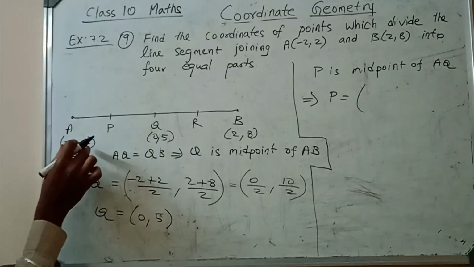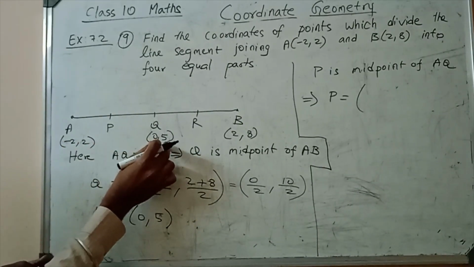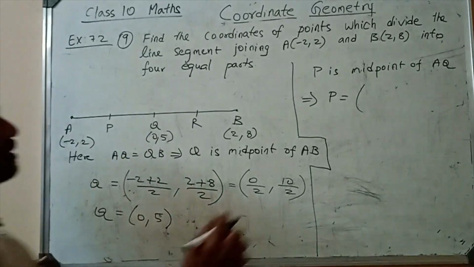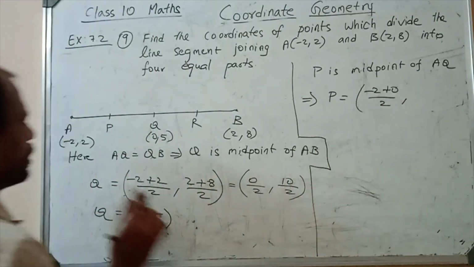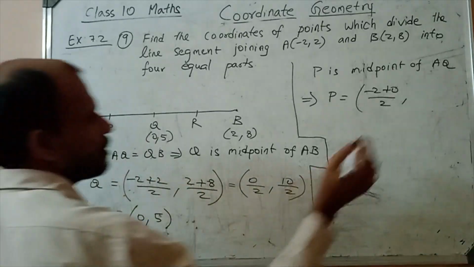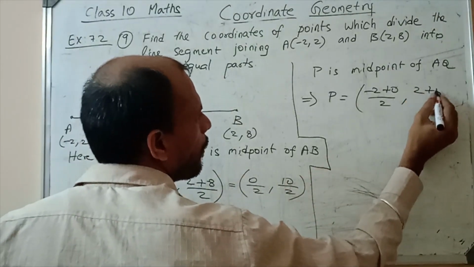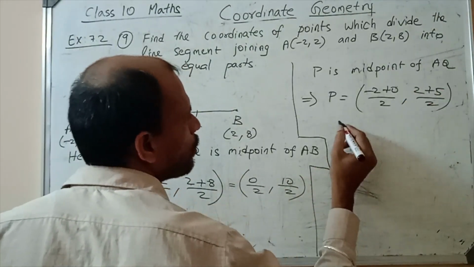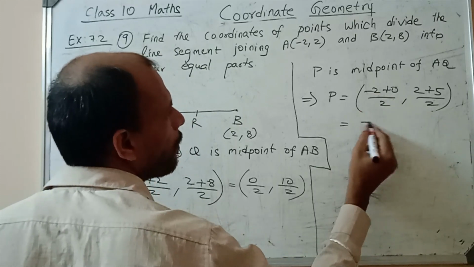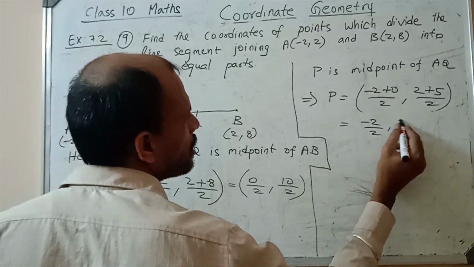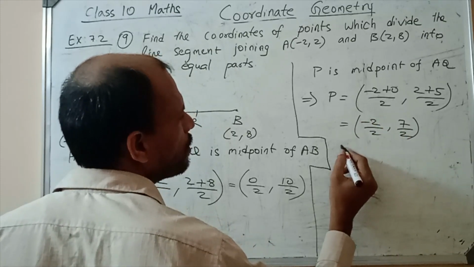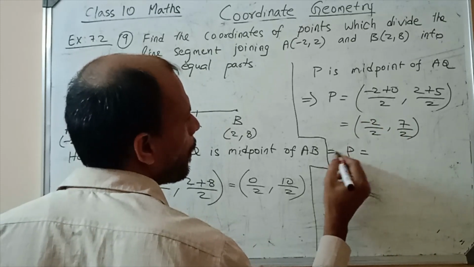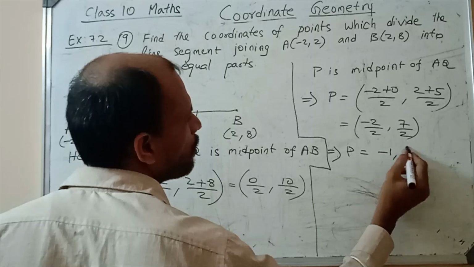So this is x1, y1, this is x2, y2. So (-2 + 0)/2, comma (2 + 5)/2. So we get -2 by 2, and here 7 by 2. So P is equal to (-1, 7/2).